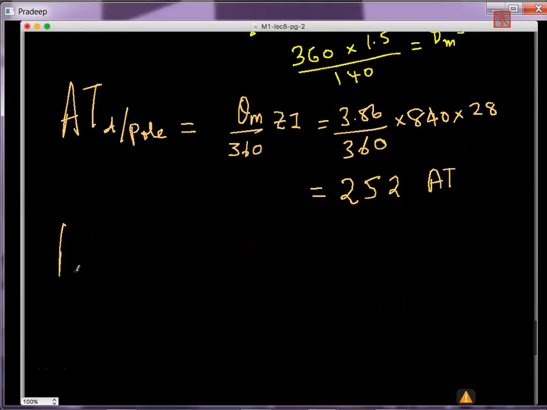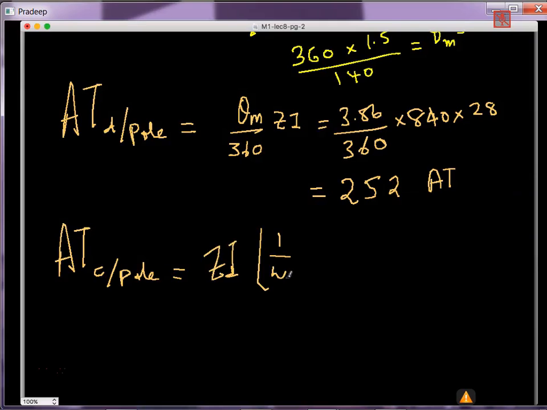Similarly, ampere turns causing cross magnetization per pole will be Zi into 1 by 2p minus theta m by 360.